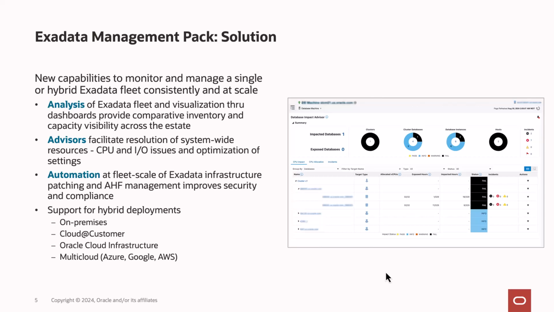We have advisors providing resource monitoring for Exadata clusters, identifying resource-impacted databases, and how to optimize resource settings to minimize the impact of noisy neighbors. We have provided fleet-scale automation for Exadata patching and AHF management that will help to improve security and compliance. And all of these features support hybrid deployments.